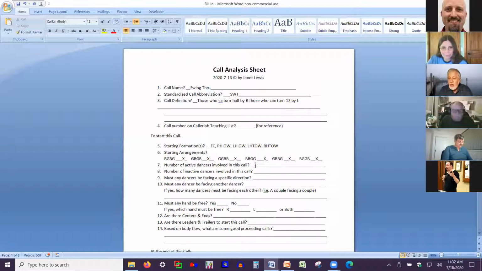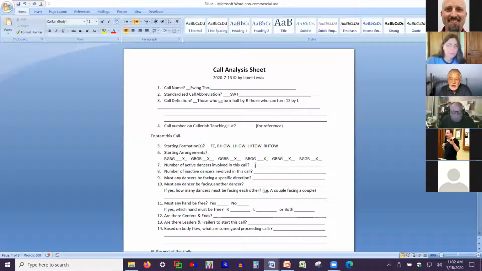This is, I guess, what I was referring to before. I was thinking maybe it should be the minimum number of dancers required to do the call. Like turn back, you only need one dancer. Partner trade or California twirl, you need 2. Swing through, normally you think of as 4, although I guess it can be done with 3.